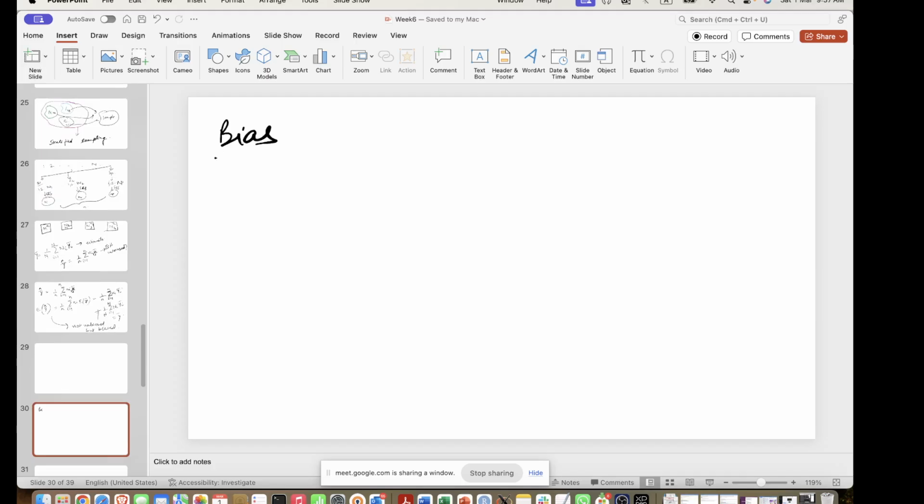So what is the bias if we want to calculate? Bias is expectation of y bar hat minus y bar.